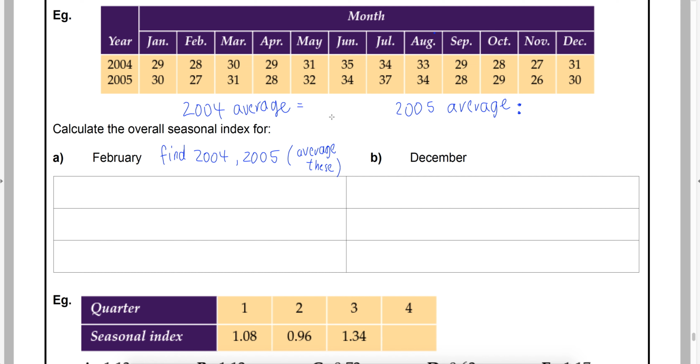Now I'm not going to round it off. It comes out as 30.33 recurring. I'm just going to leave it in my calculator like that. On here, I'm going to put dot, dot, dot, just to indicate I'm not rounding that off. I can't round anything off until my final answer. Otherwise, I change the result.